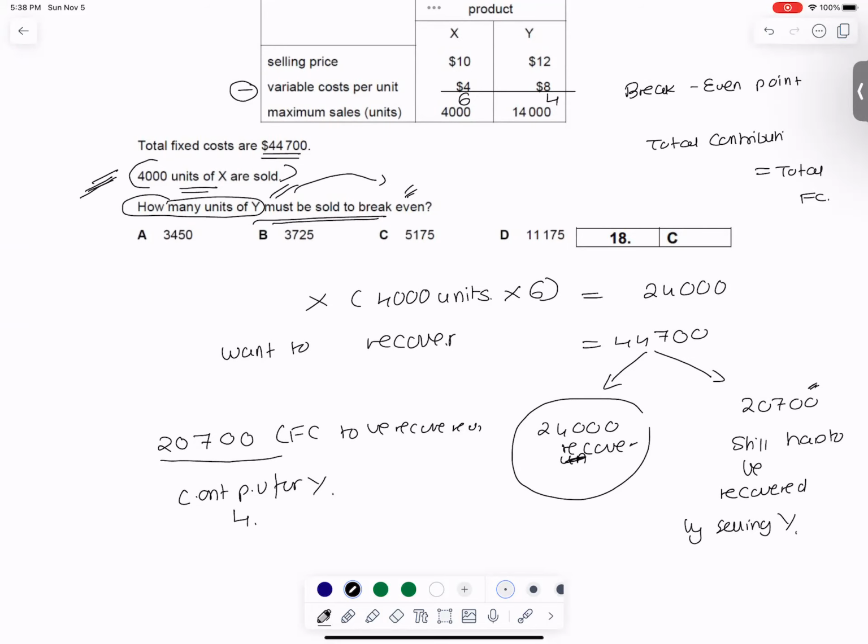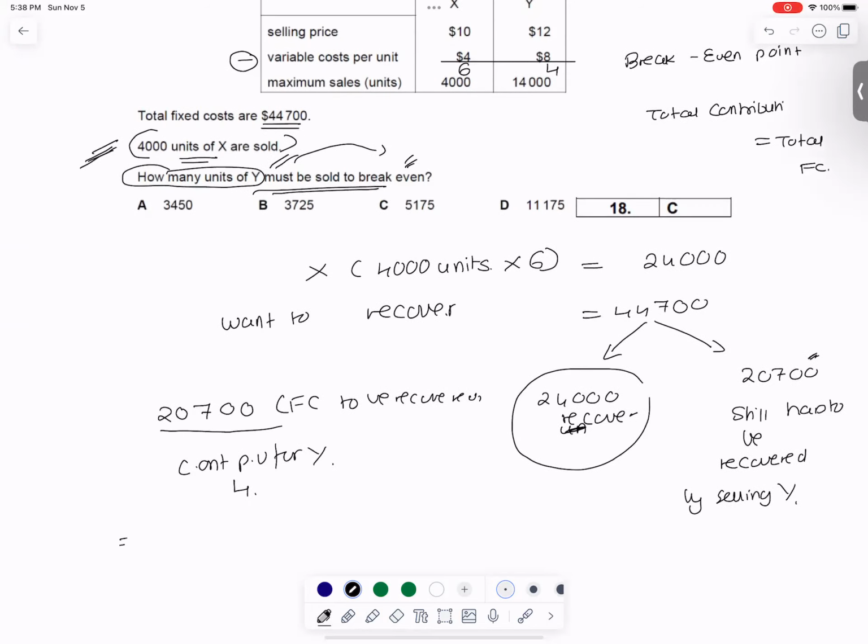So 20,700 divided by 4. It's 5175. So C.